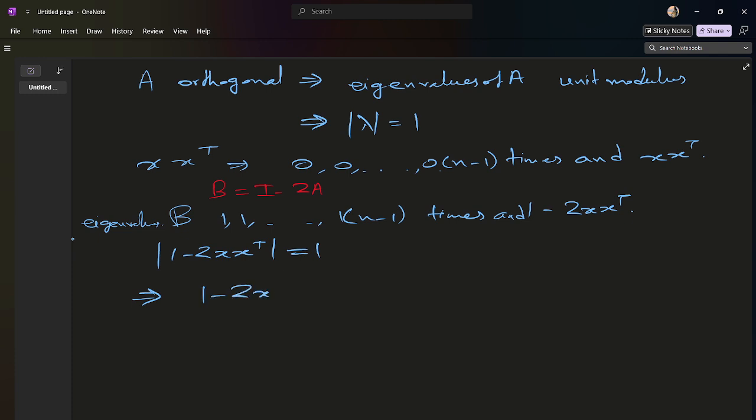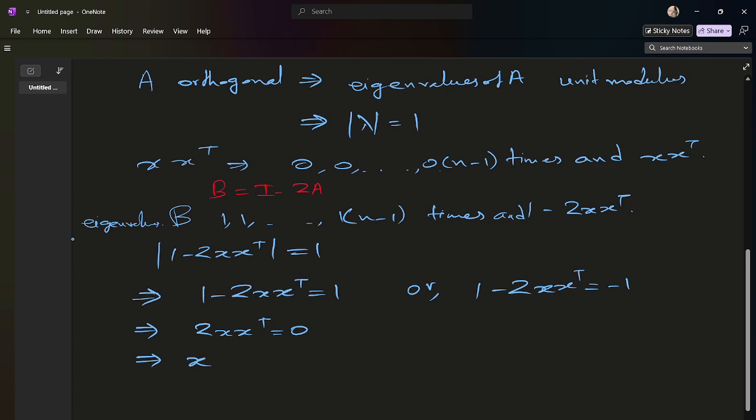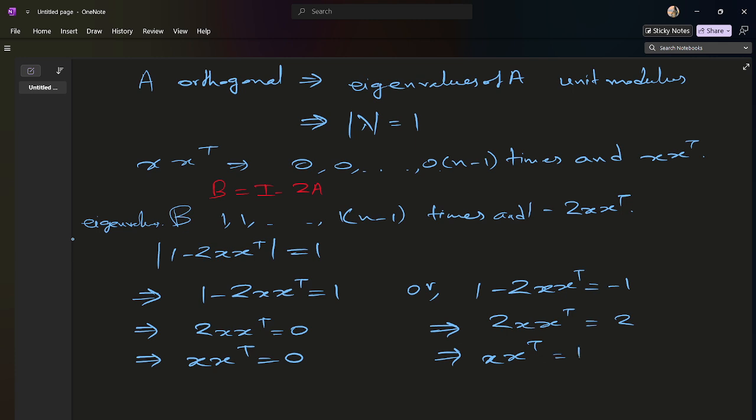Case 1: 1 minus 2 x transpose x equals 1, so 2 x transpose x equals 0, so x transpose x equals 0. Case 2: 1 minus 2 x transpose x equals minus 1, so 2 x transpose x equals 2, so x transpose x equals 1. When x transpose x equals 0, x will be 0, but this is not the case.